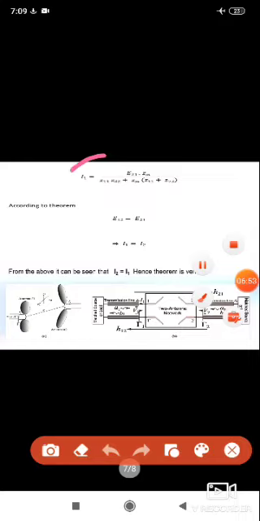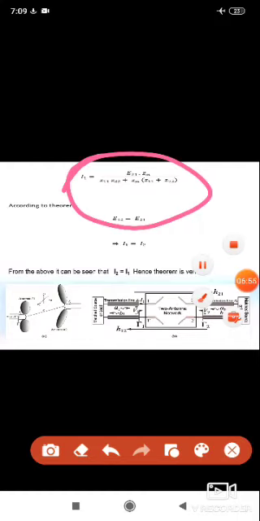Very simply we can conclude that this is my I1, which can be obtained by mesh analysis, Kirchhoff's law.